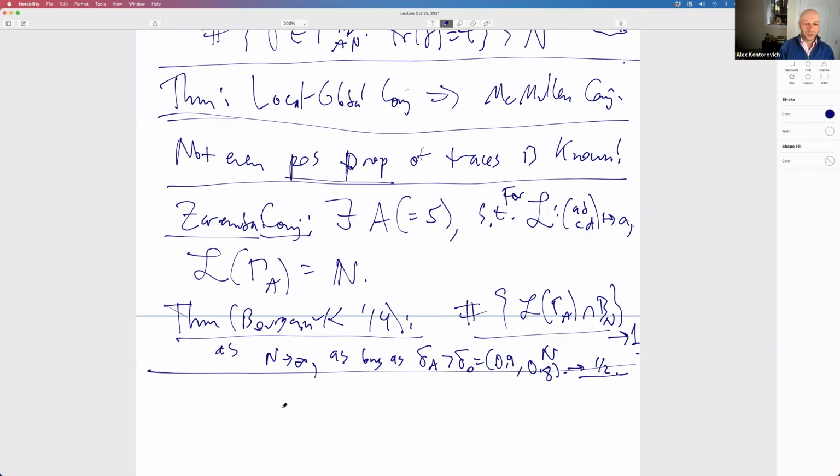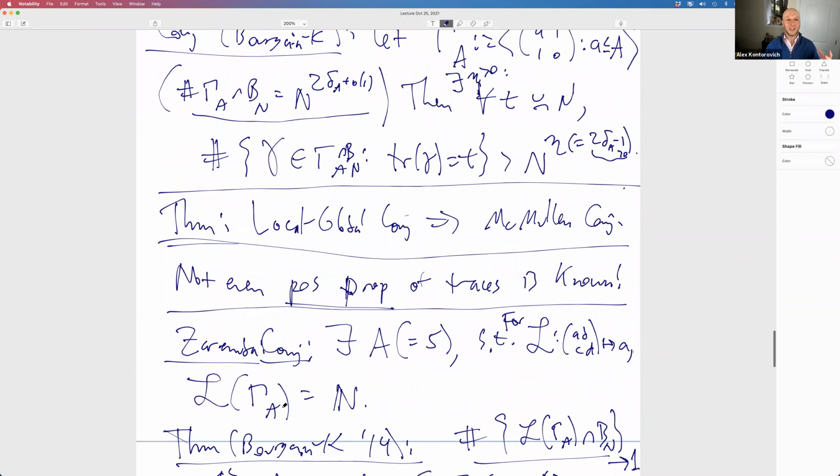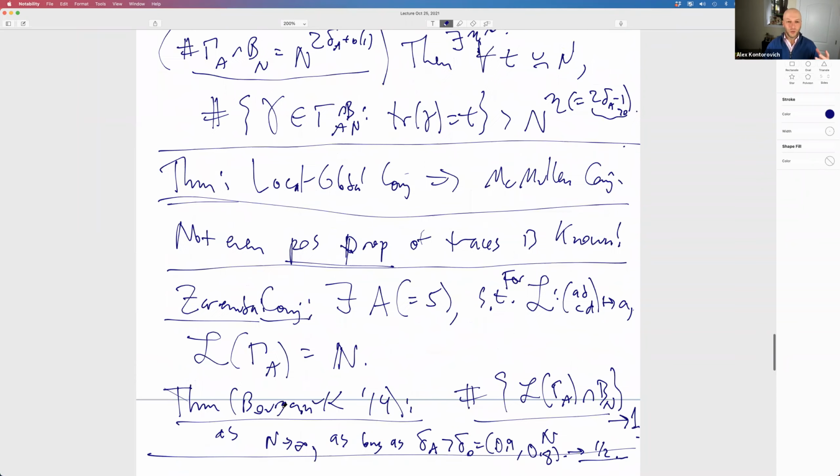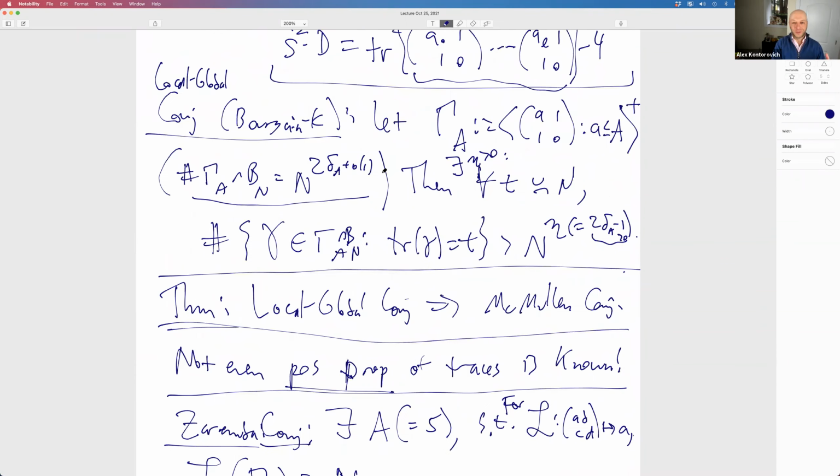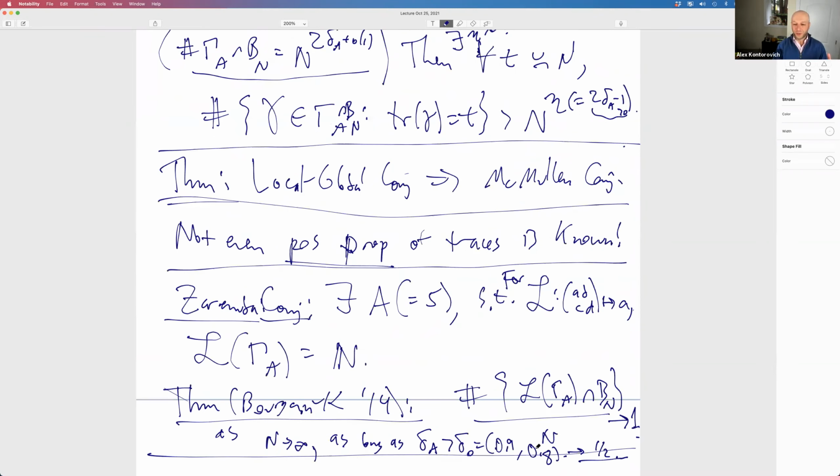So the remark is we don't know in the setting of this semigroup that a positive proportion of traces arises. In Zaremba's conjecture, where we can prove a positive proportion, we're nowhere near the truth in terms of the allowable Hausdorff dimension being as small as a half.